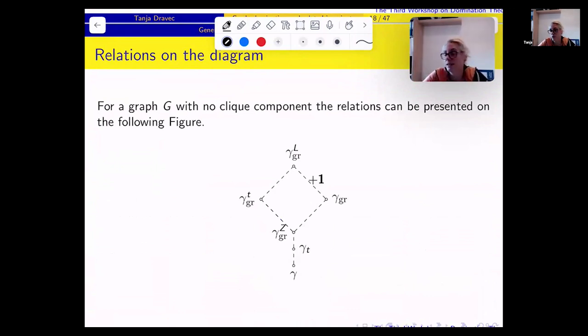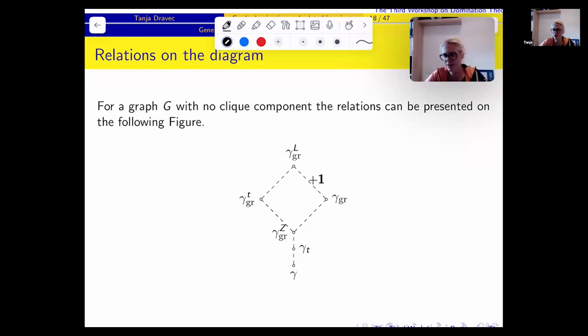And we know that domination number is, of course, bounded above by the total domination number. Just recently, we proved that if G is a graph with no clique component, then Z Grundy domination number is an upper bound for the total domination number.